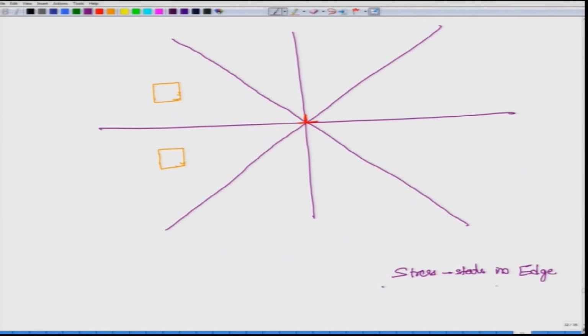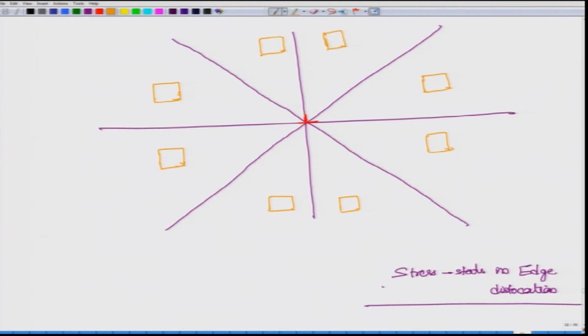So, this will be a summary kind of map which describes the stress states, including all the xx, yy, xy. So, these are the 8 sectors or quadrants into which we want to describe.